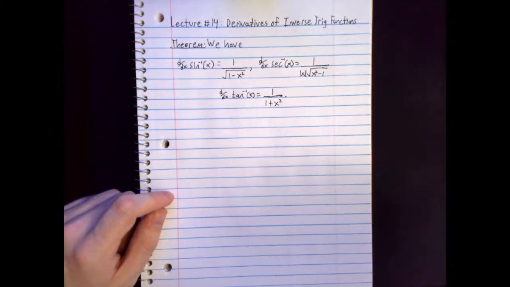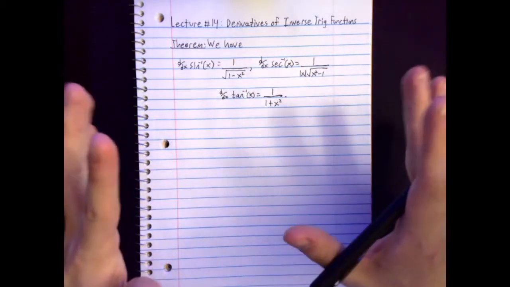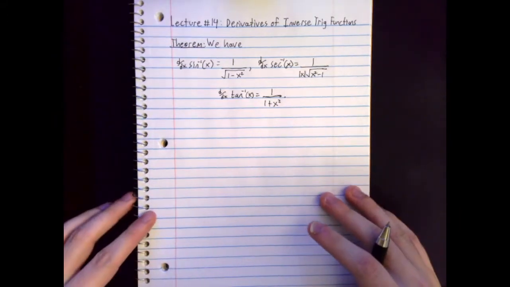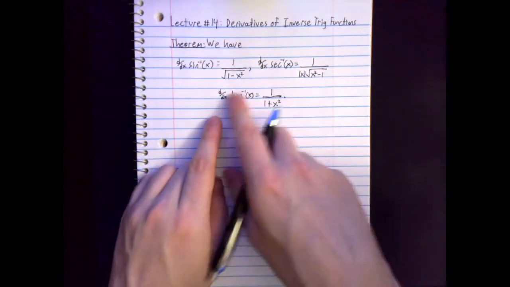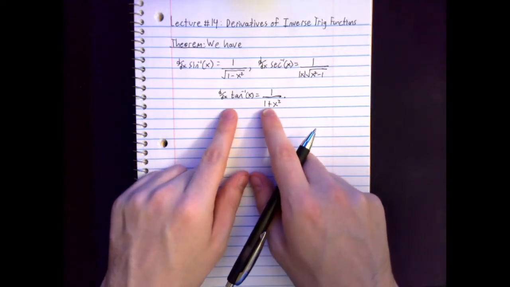Okay, so we'll actually do this computation, but these other two we'll sort of take for granted, and I'll wave my hands and say that the computation is roughly similar for these two. It happens to be the simplest in the case of tangent inverse, and so that's why we're going to do that computation.